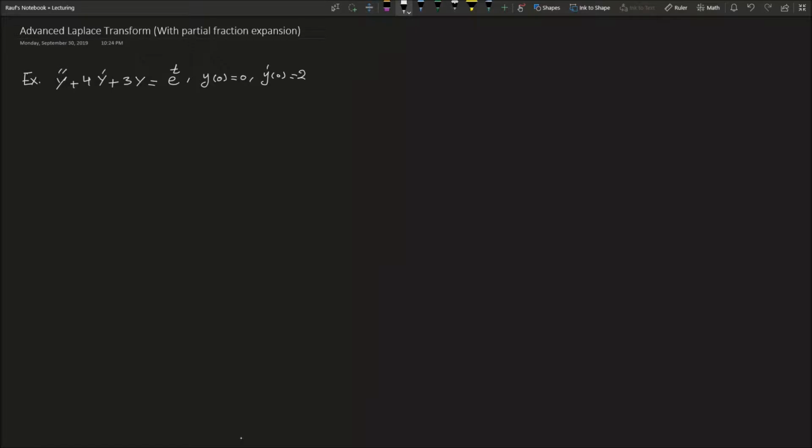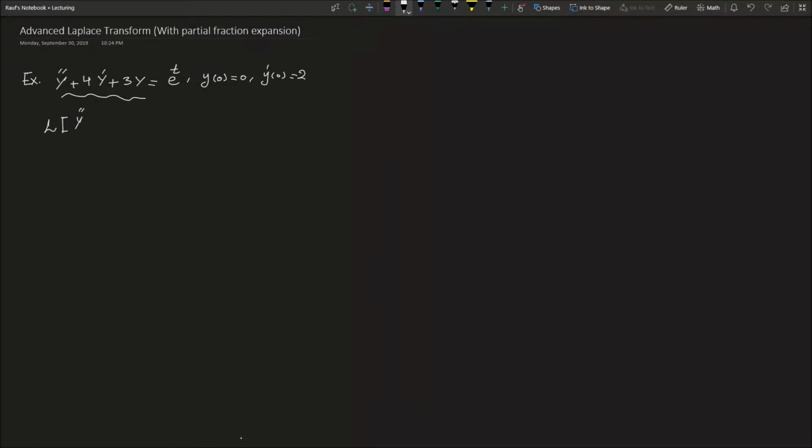Knowing that, let's transfer this form of equation into the S term. So we can say Laplace will be distributed on each term of the left hand side and right hand side of the equation.